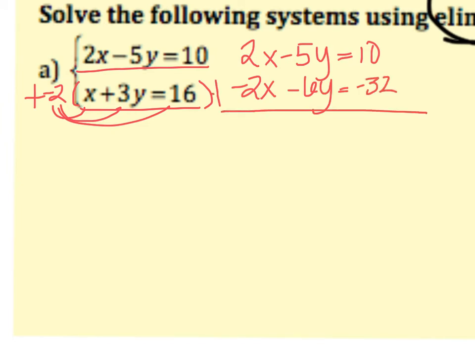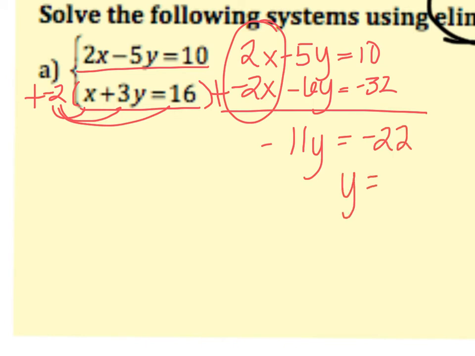So now if I add these two together, 2x plus negative 2x is 0. Negative 5y plus negative 6y is negative 11y, and 10 plus negative 32 is negative 22. So y is just going to equal 2. So now you can substitute y back into either equation.